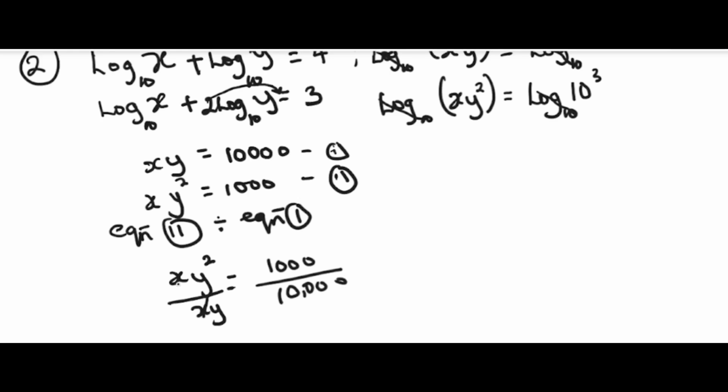So here the x will cancel out. This y will take one y here. These 3 zeros will take 3 zeros here. So what do we have left? We have that y is equal to 1 over 10.